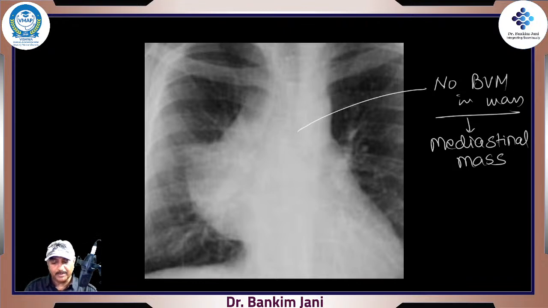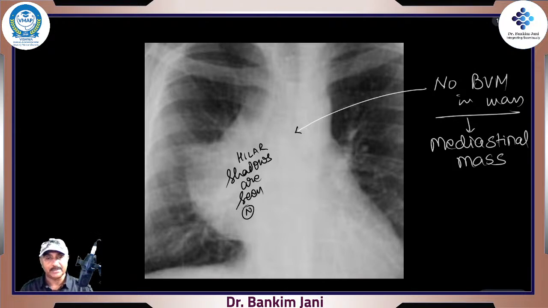So this is the commonest one. So two things you are watching: one, tracheal shift, and second, no bronchovascular markings in the mass, and the hilar shadows are seen normally.